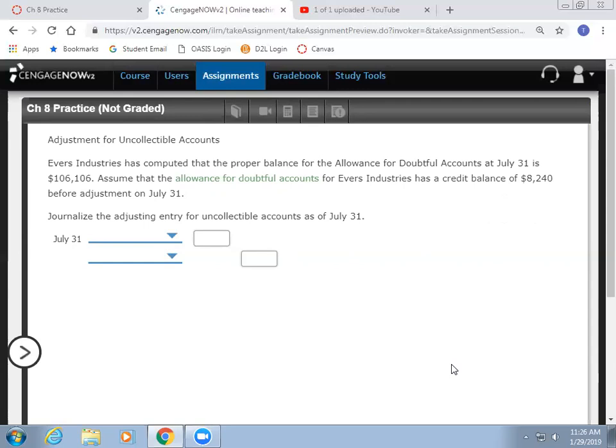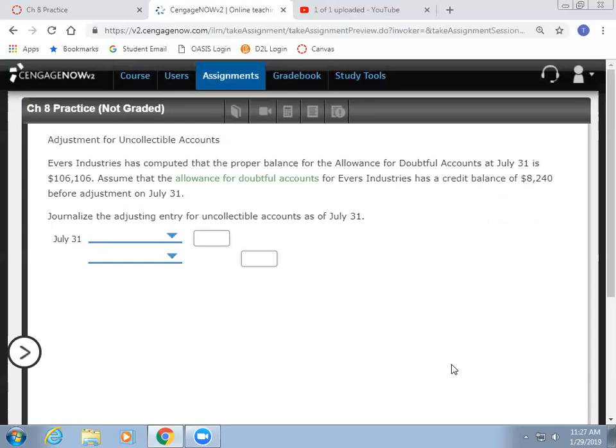So at the end of the year, we're ready to do our next adjusting entry, which they said was July 31. We have an existing balance in allowance for doubtful accounts of $8,240. We want to have a balance of $106,106.